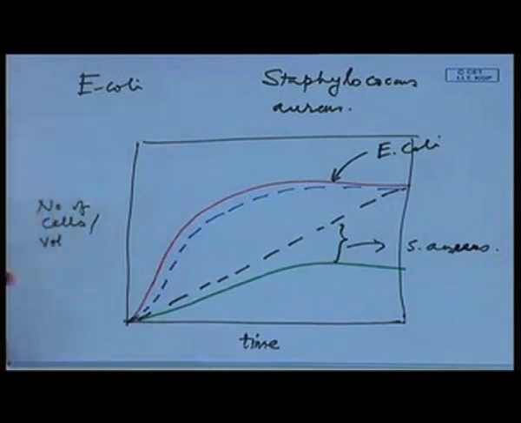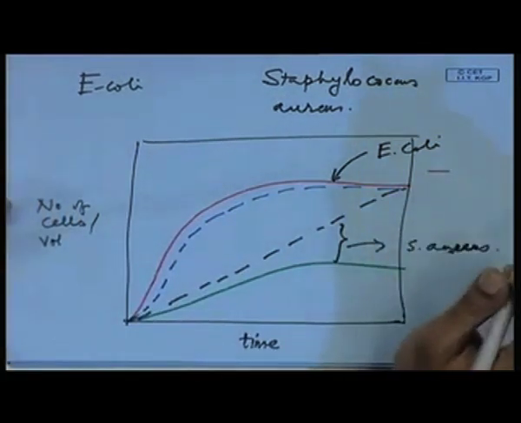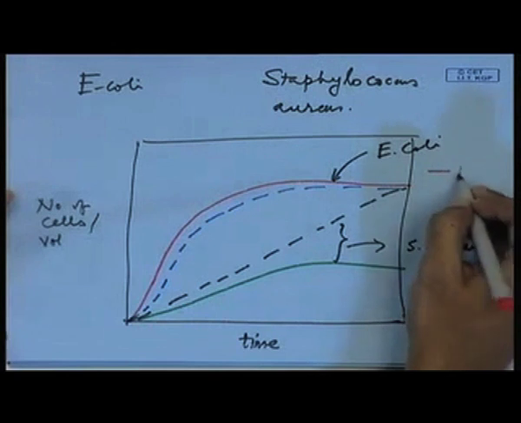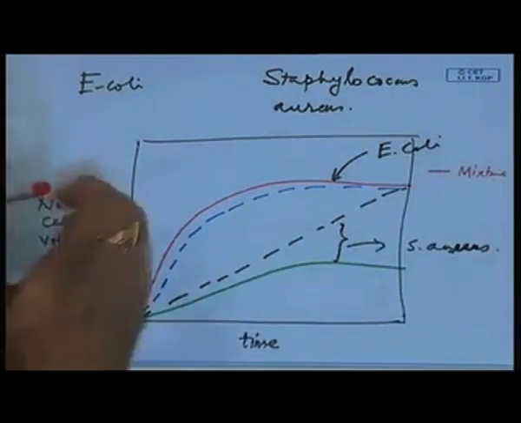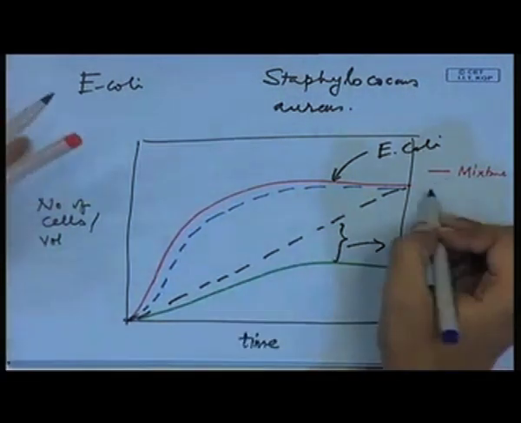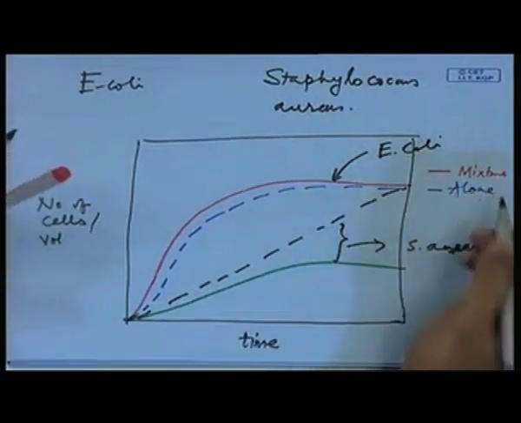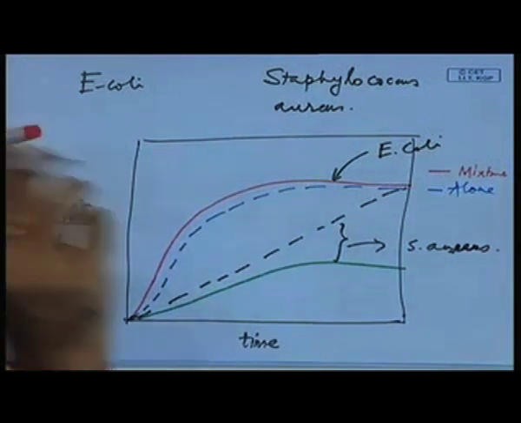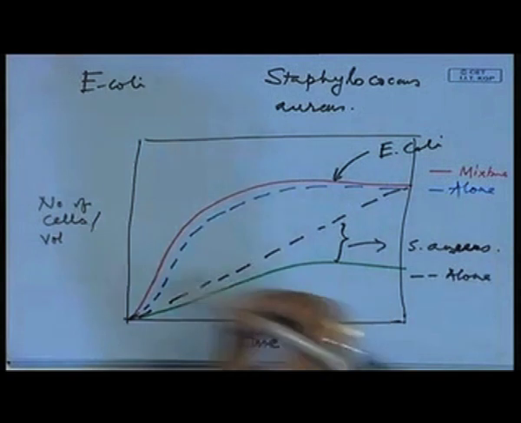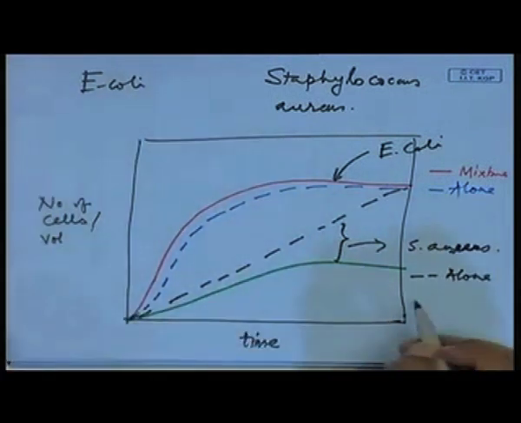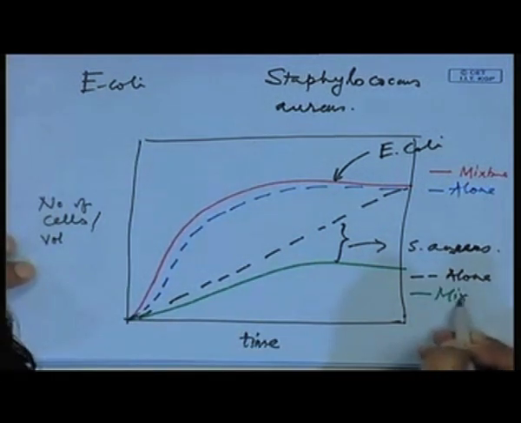The red line is for the mixture, the blue line is for E. coli alone. Similarly, the black line is for Staphylococcus aureus alone, and the green line is for the mixture.